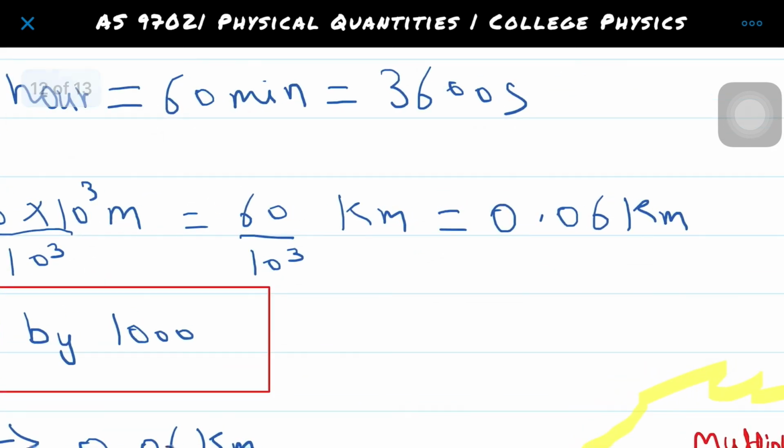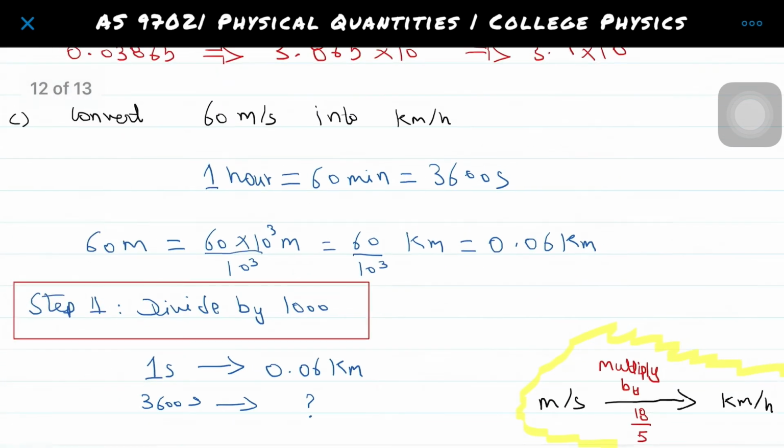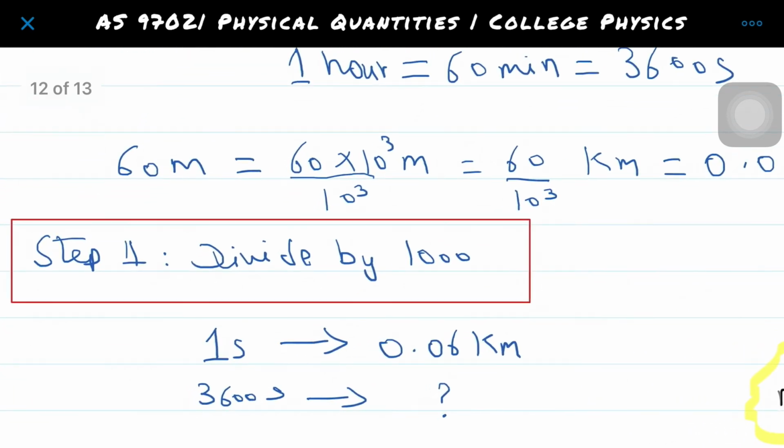Now we have to convert the seconds into hour, right? So basically we know that 1 hour is equal to 3,600 seconds, right? And we know that in 1 second we're traveling 0.06 kilometer, because it was 60 meter per second. So in 1 second we're traveling 0.06 kilometer.